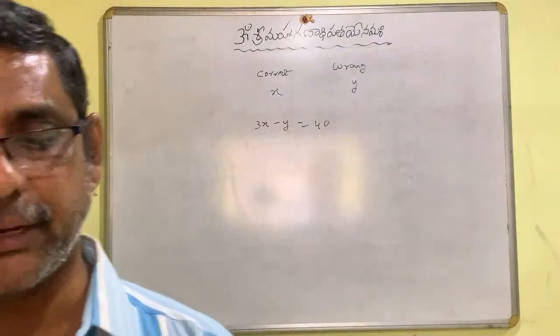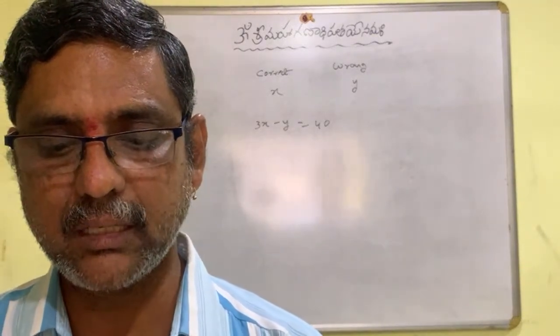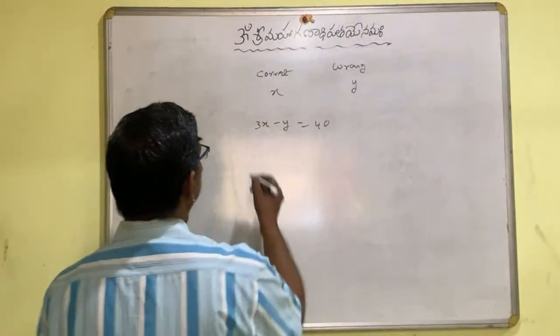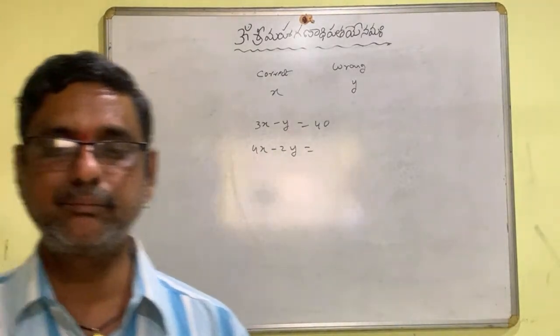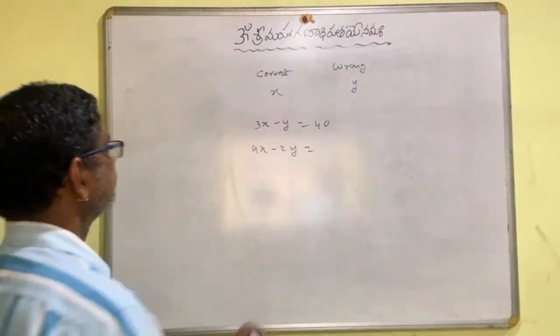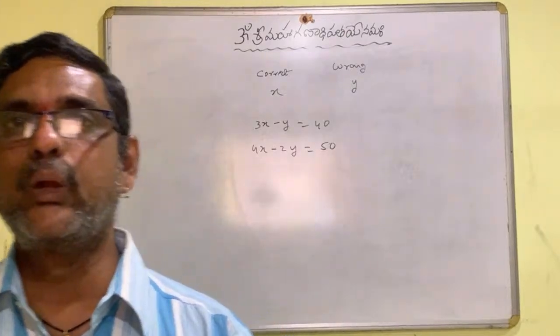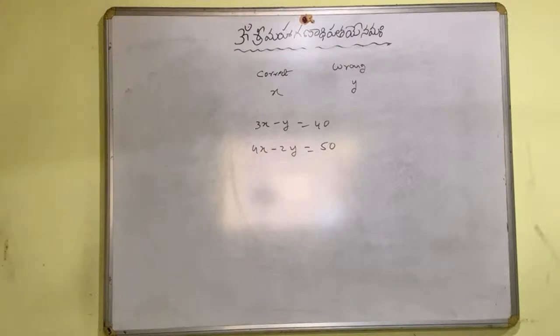Now the second situation, 4 marks for correct and 2 marks for wrong, that means 4x minus 2y is equal to 50. Now you need to solve this to find x and y. After finding x and y, what do we have to do, children?